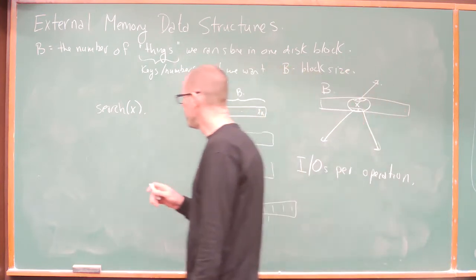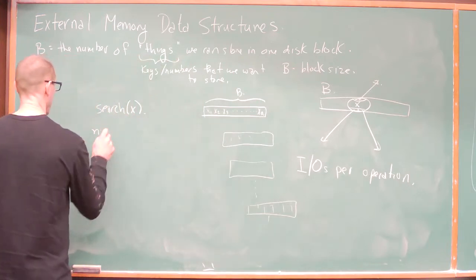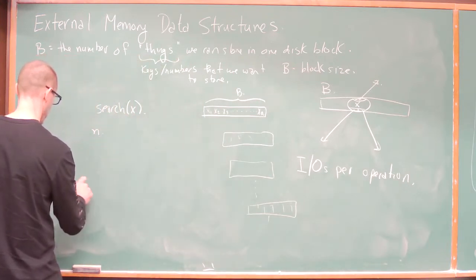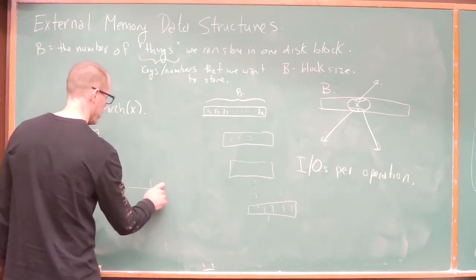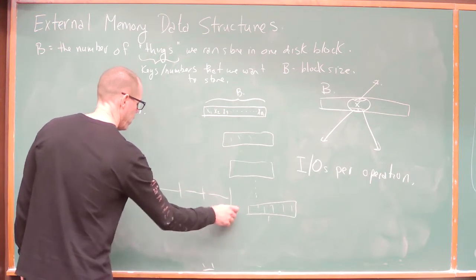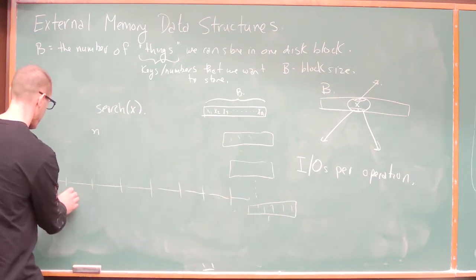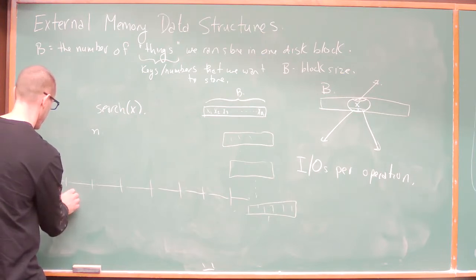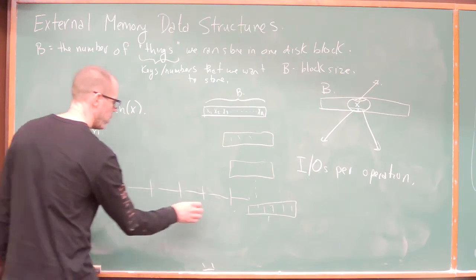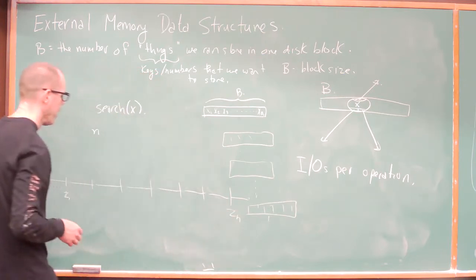So if I'm storing n numbers, that means those numbers break the real line up into n plus 1 intervals. So let's say the numbers were z1 to zn.